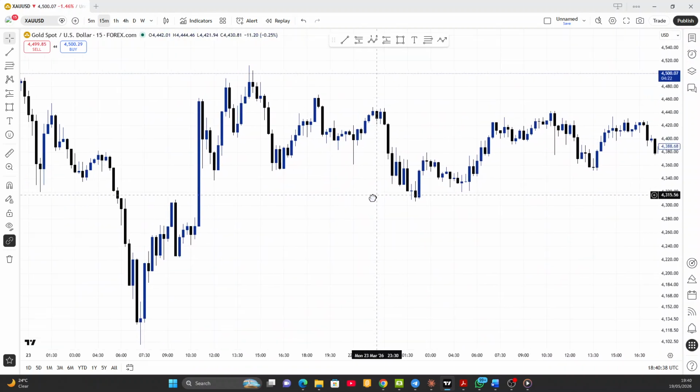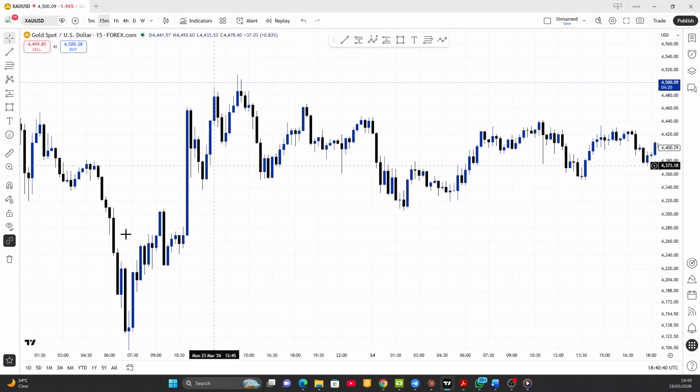Now if you look at this, we see a candle form here which forms our origin, candle 1, and then we see at this point a huge push to the upside, forming our candle 2.